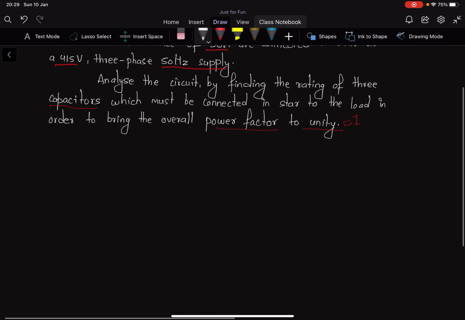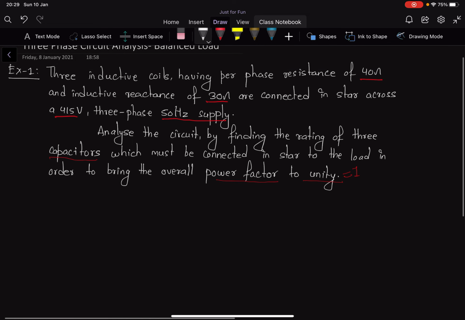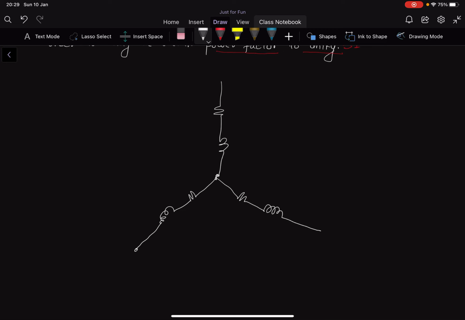And what type of three-phase circuit do we have to draw? It is a star, you can see here a star connection. So let's draw the star connection. We have a resistor and inductor, and then we have a resistor and inductor, and then we have a resistor and inductor in three phase.